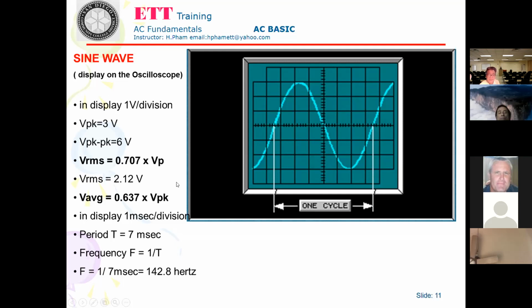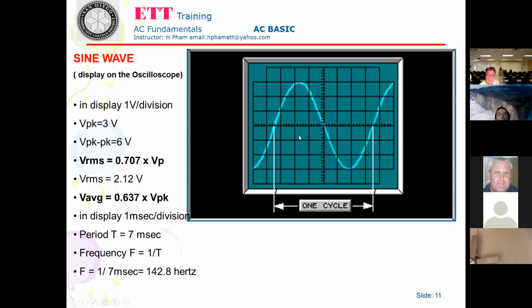And now, if you want to calculate the period, that means when the signal repeats, you start from here, going up, keep going down. When you're going up the same, okay, going up here, that's one complete cycle. Now you have to calculate how many divisions per cycle.